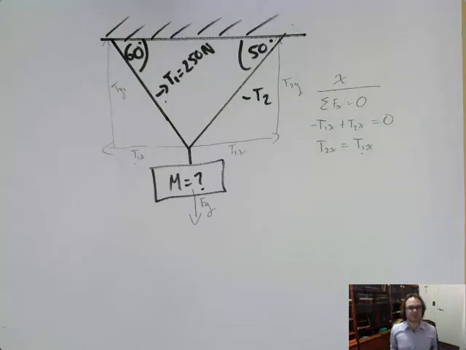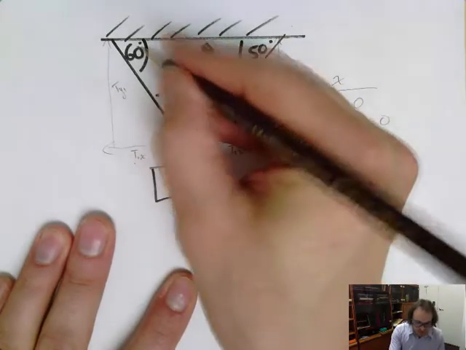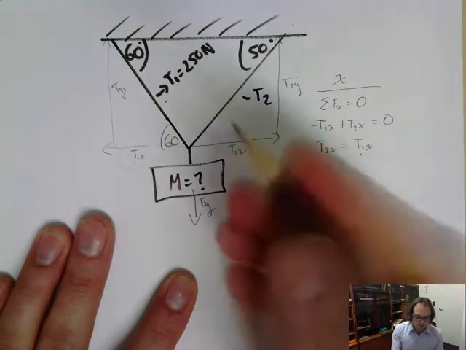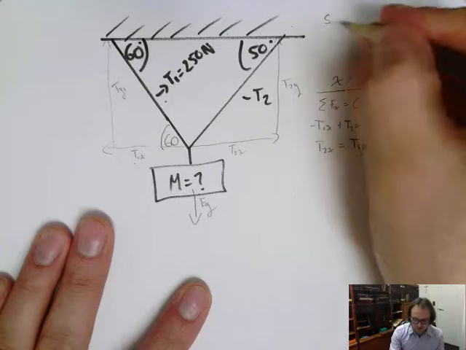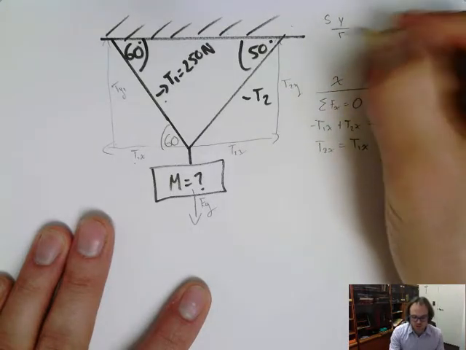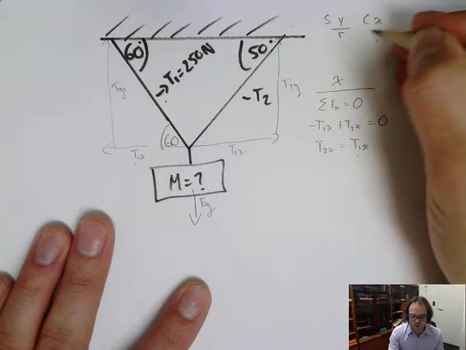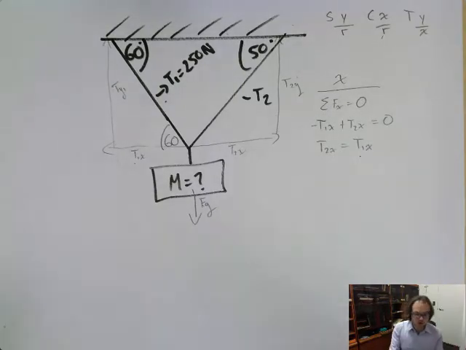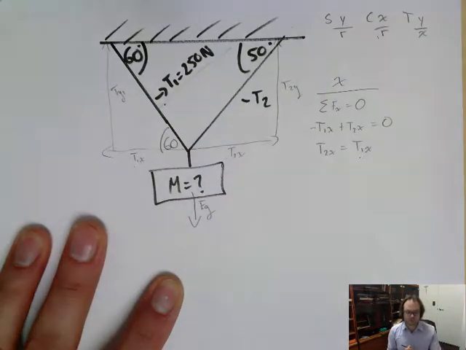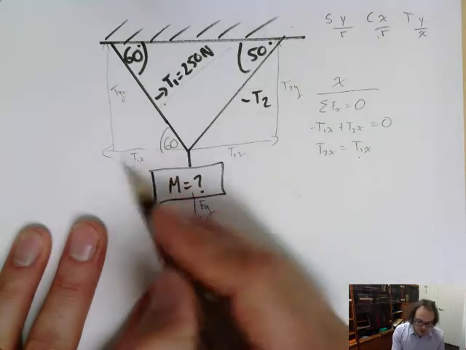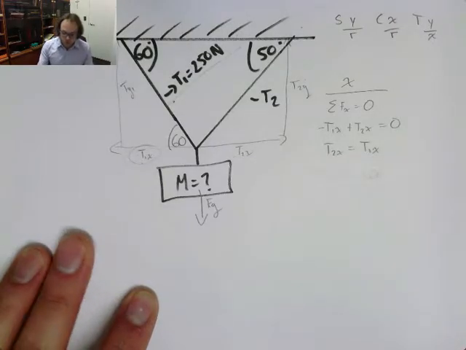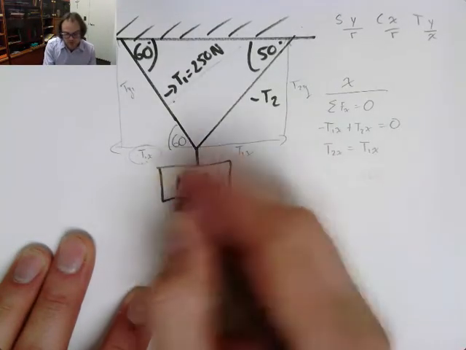So, how do I find tension 2 in the x? Well, if this angle is 60, that means this angle here must be 60. Now, if we remember SOH CAH TOA, sine is y over resultant, cosine is x over resultant, and tan is y over x. We could look at which one we want to use here. I know my resultant is 250 newtons. I could use this to find this x. So in this case I'm going to use cosine, because we're trying to find x and we know the resultant.